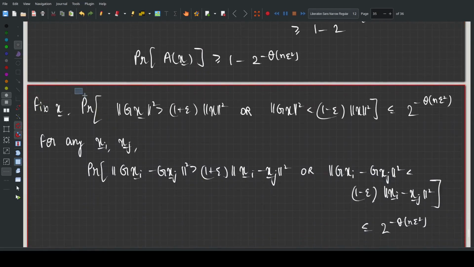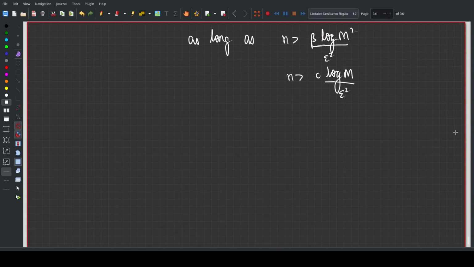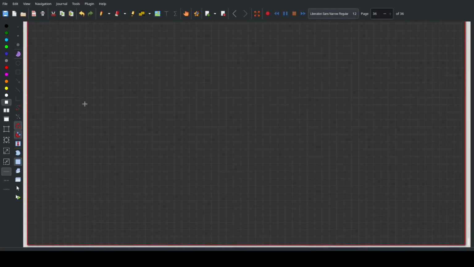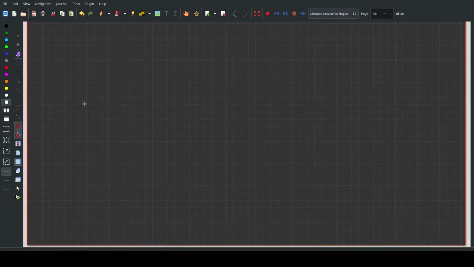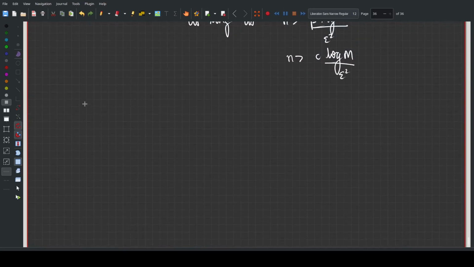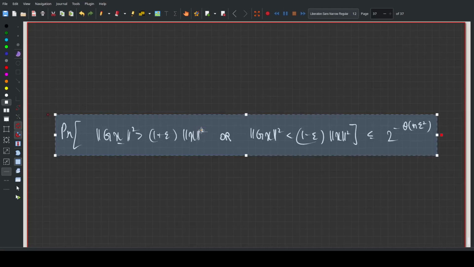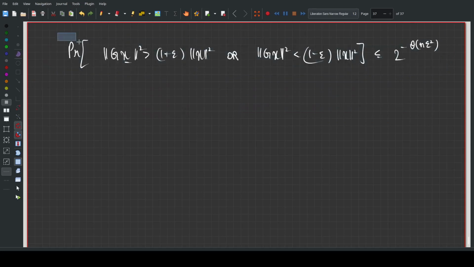So we know that G is Gaussian. So this is what we want to show.